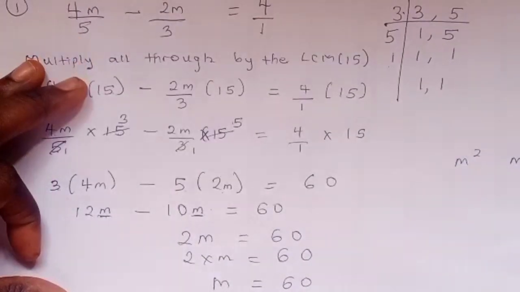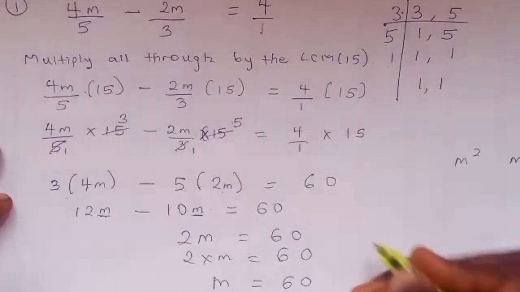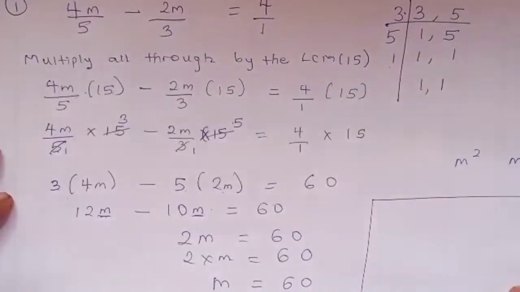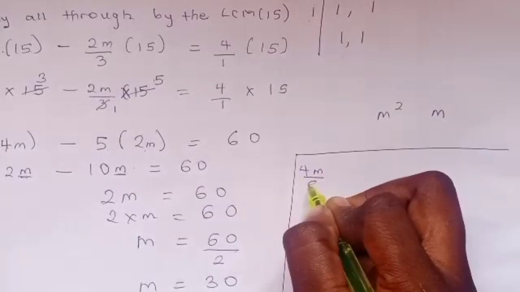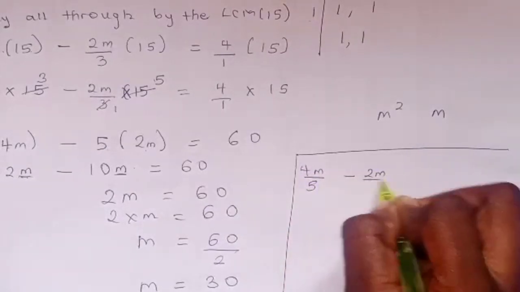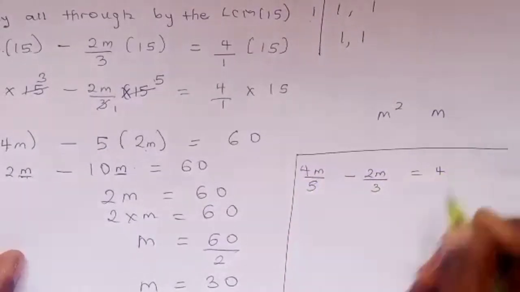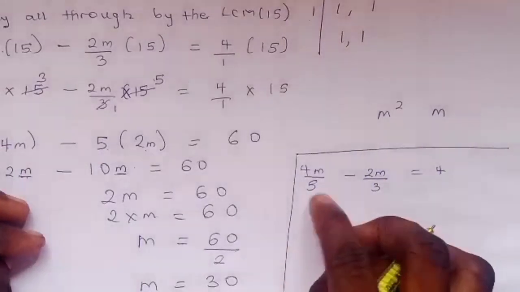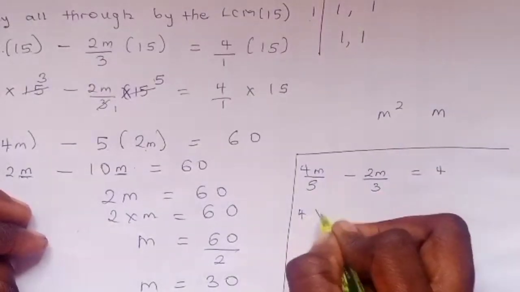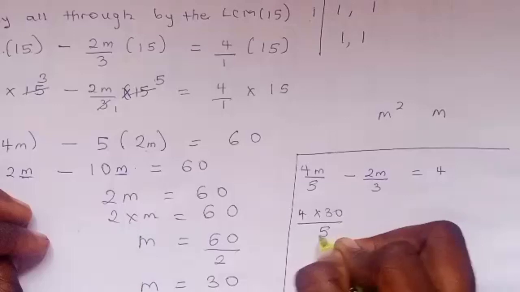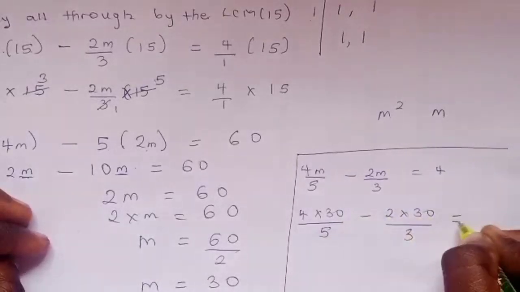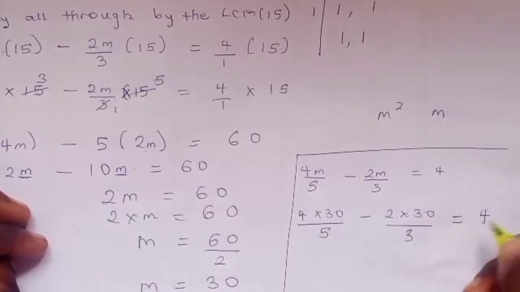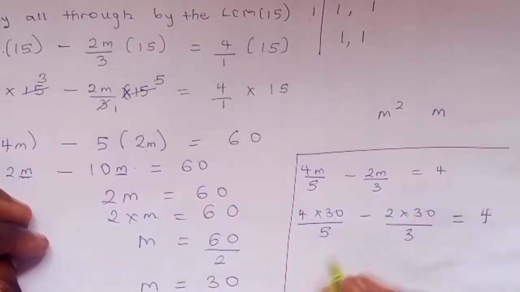Now let's check our solution if it is correct. This is 4m over 5 minus 2m over 3 equals 4. Let's substitute 30 for m here. That will be 4 times 30 over 5 minus 2 times 30 over 3 equals 4. You know there's no m here, so you cannot substitute.